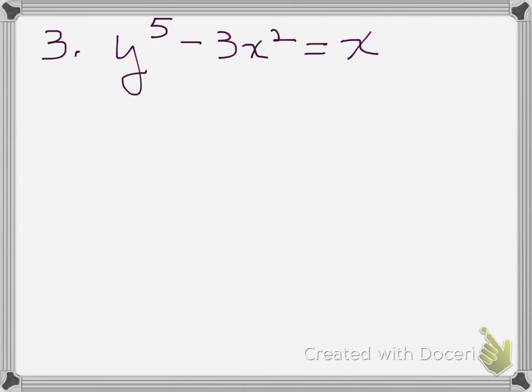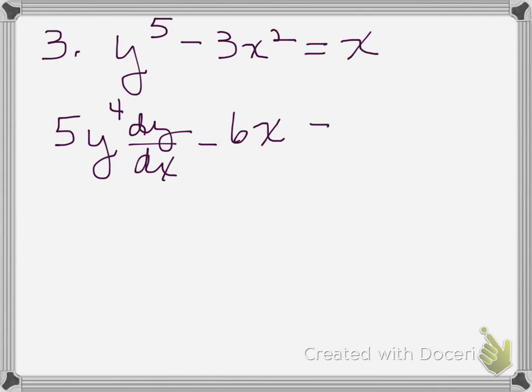Okay, here's problem number 3. I notice I have y to the 5th. So as I take the derivative from the left to the right, 5y, don't forget your power, to the 4th, dy/dx, minus 6x equals 1 this time.